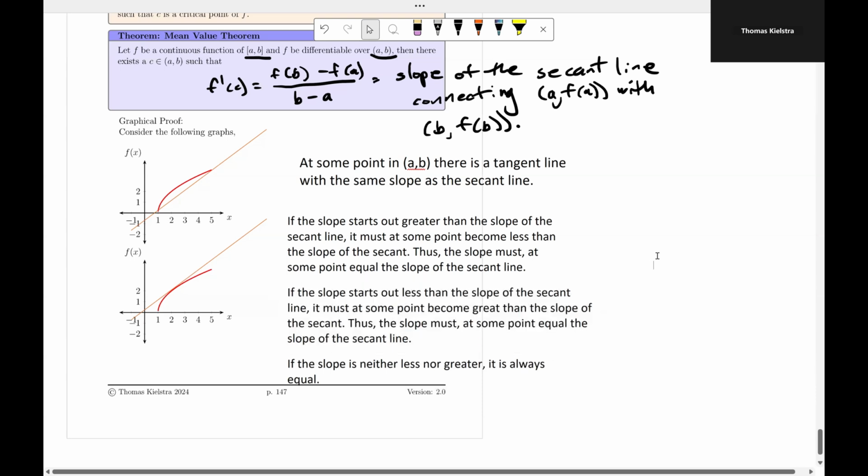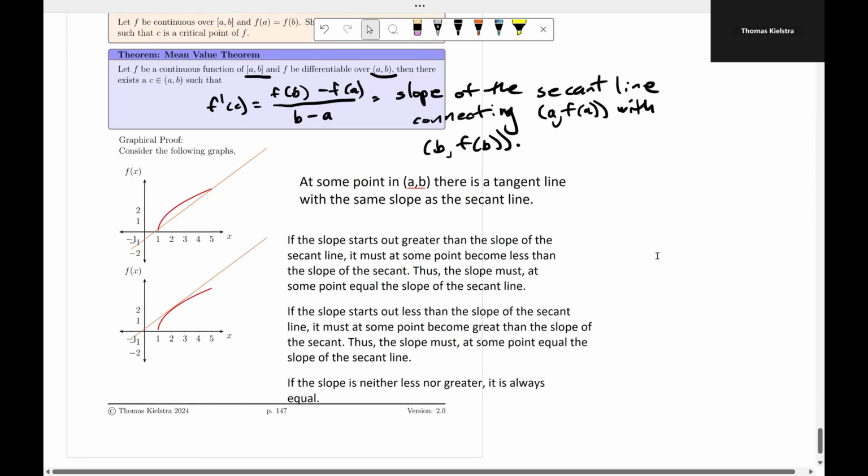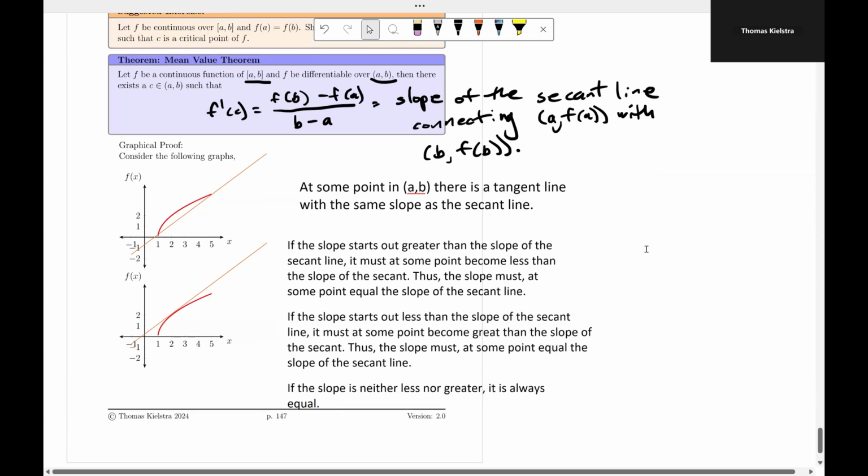We have our mean value theorem. For all these theorems, remember, we really are looking for the visual understanding of what we're allowed to conclude. We're allowed to conclude that at some point in the interior, there will be a point whose tangent line has the same slope.